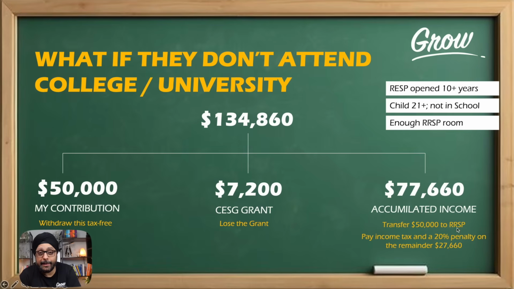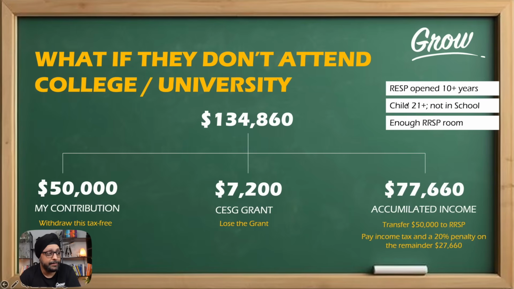And for the RRSP, you have to have the RESP open for 10 plus years to transfer this money into RRSP, and it's your RRSP, not your child's RRSP, because they don't have room, probably they'll not have income at that time. Maybe they will, I don't know. Your child has to be 21 plus. So in fact, it's more than $77,000 because it will compound for the next 3 years, because this is assuming 18 years.